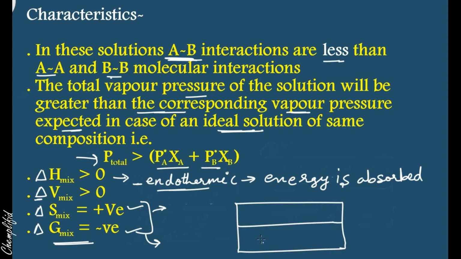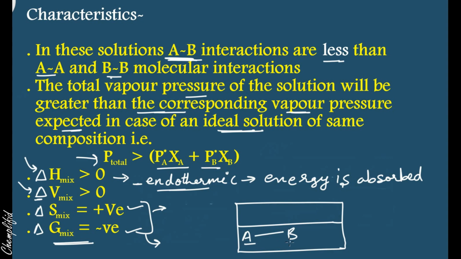Why is this happening? Because we already talked about delta H and delta V, so we know that the interaction of components A and B in the solution is less than the interaction of AA and BB.